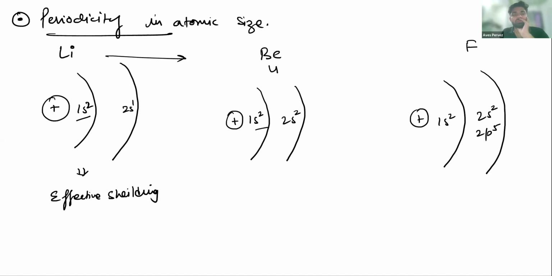The effective shielding is done by the inner 2 electrons.